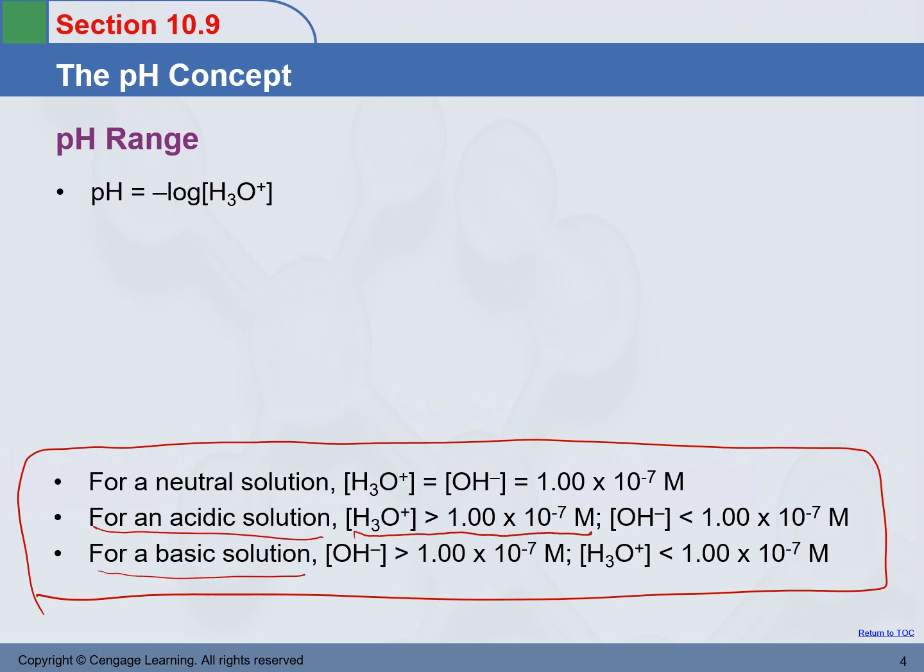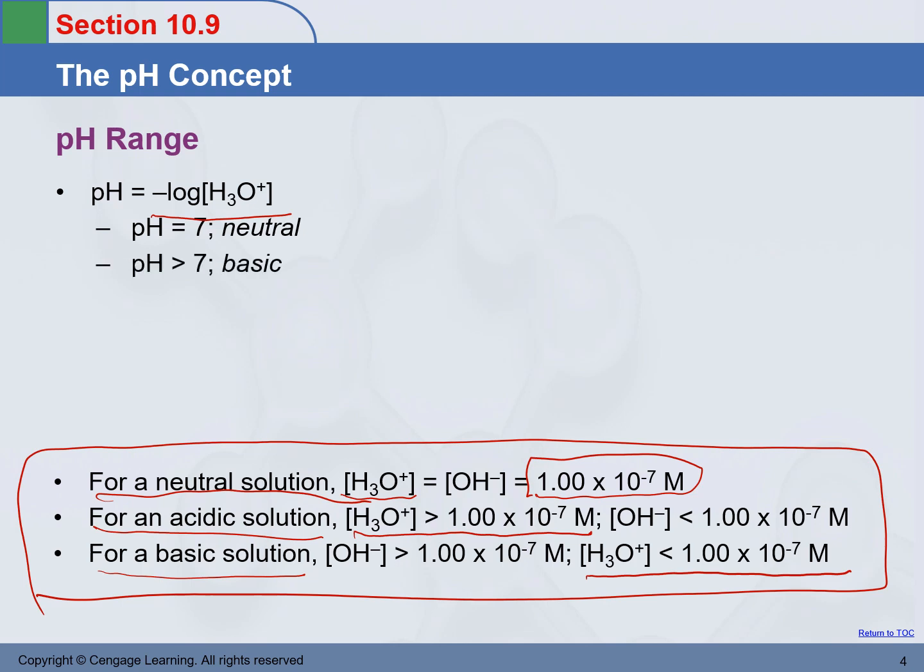For a basic solution, hydronium ion concentration is lower than that. We are focusing on the hydronium ion concentration right now because pH is negative log of hydronium ion concentration. So if solution is neutral, pH will be 7. You take the negative logarithm of that number, you're going to get 7. So pH 7 is neutral.